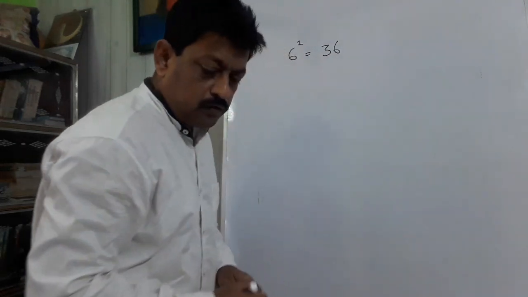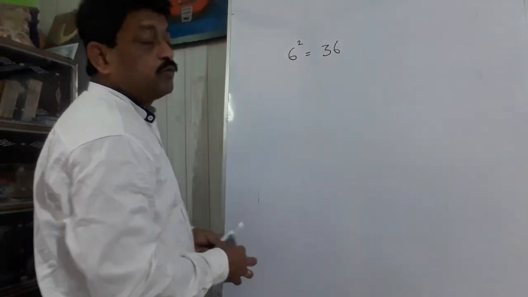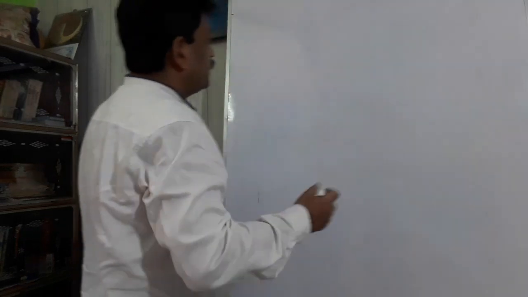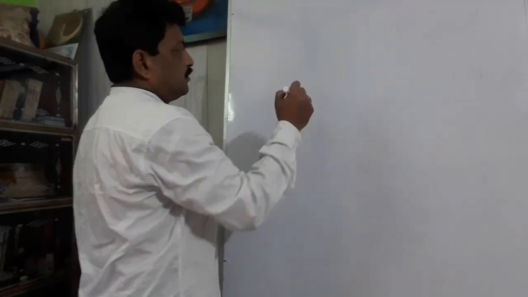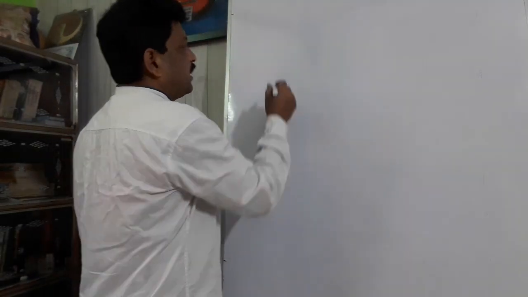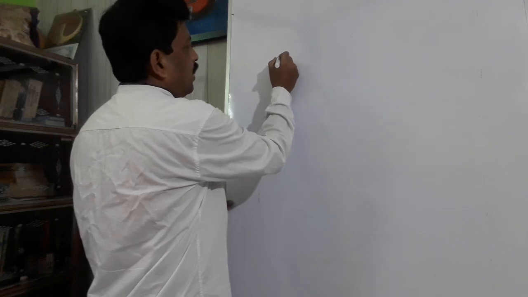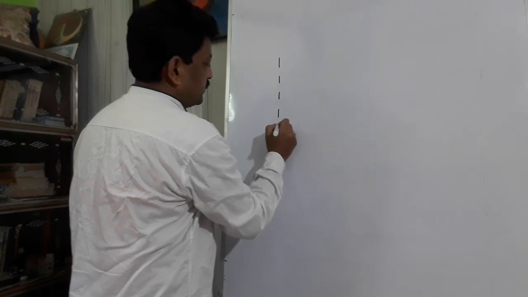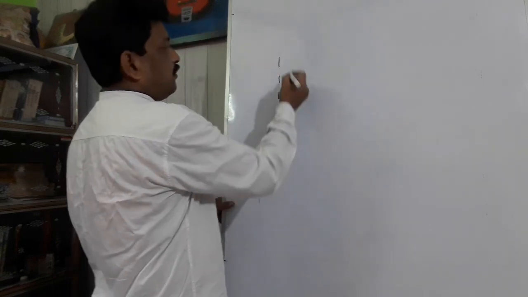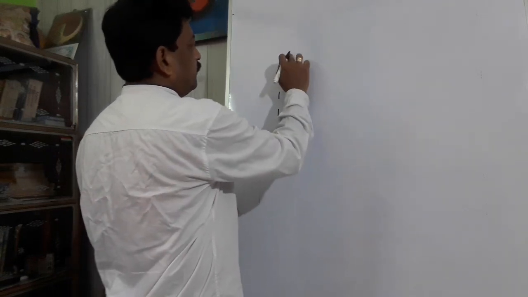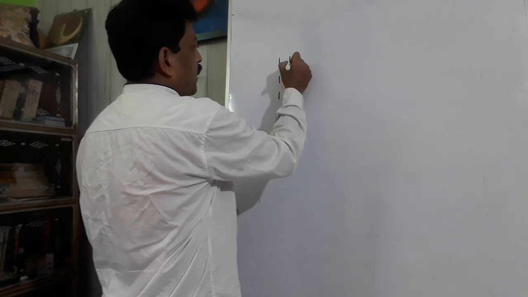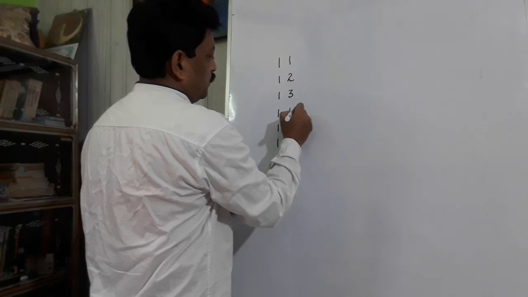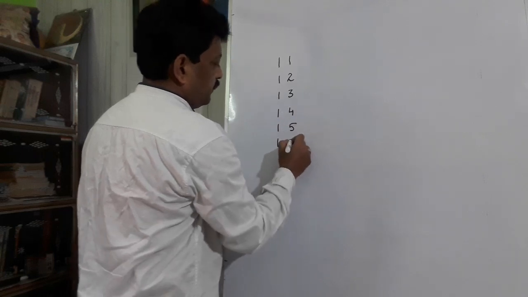Now I have also told you what the outcomes are when two dice are rolled together. So let me tell you again. Since there are two dice, on the first die I am taking the outcome as 1 in all the 6 cases, and on the second die I am taking 1, 2, 3, 4, 5, 6.